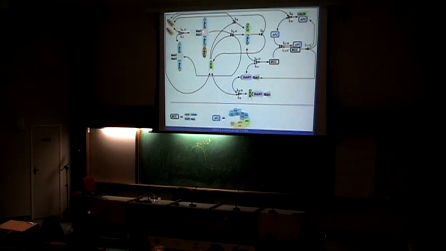Then this bigger complex takes CDC, one of the important proteins, gets CDC on board and loses a big chunk of the initial complex, and we get this complex. So this is activated MAD.